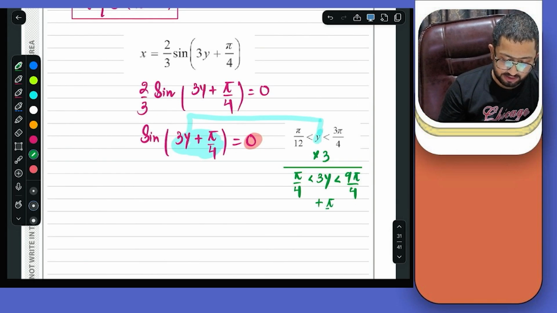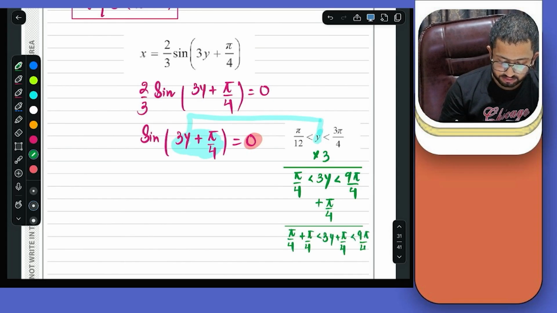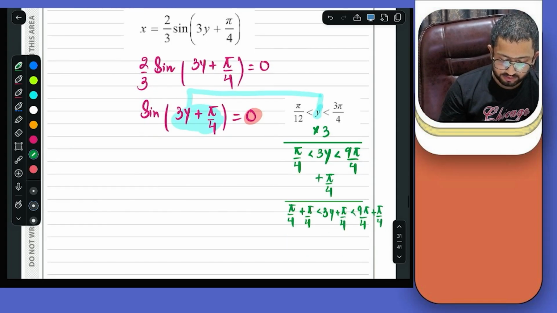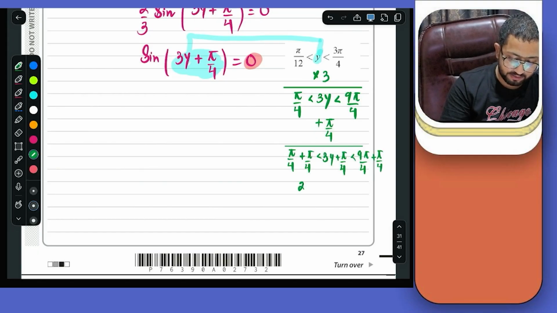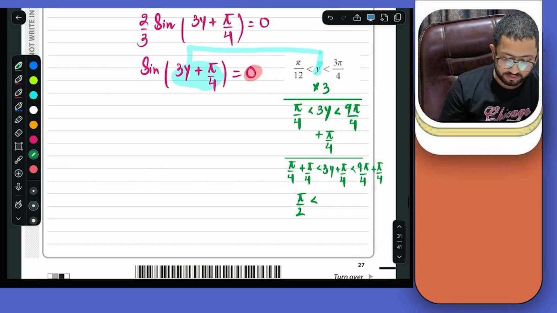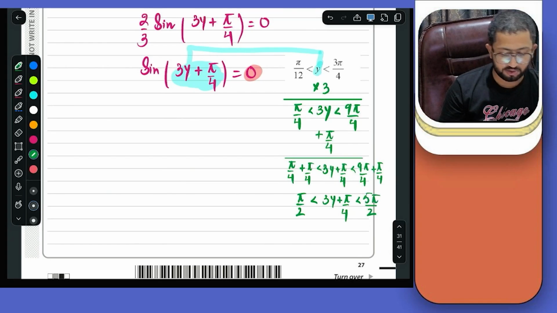And add pi by 4: pi by 4 plus pi by 4 is 2 pi by 4, which is pi by 2. And the upper limit becomes 10 pi by 4, which is 5 pi by 2, if I'm not wrong.